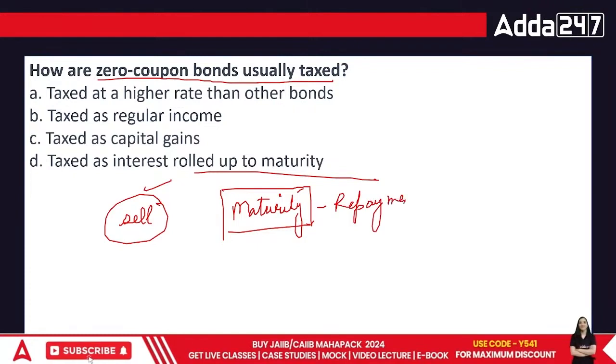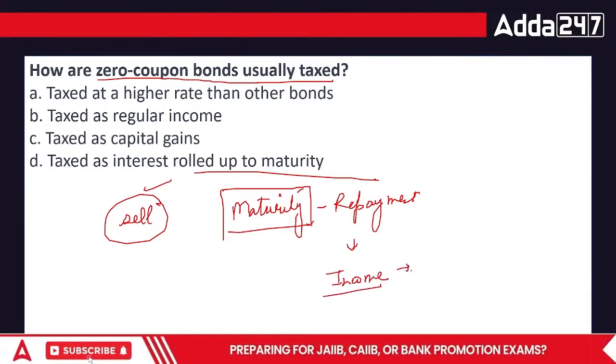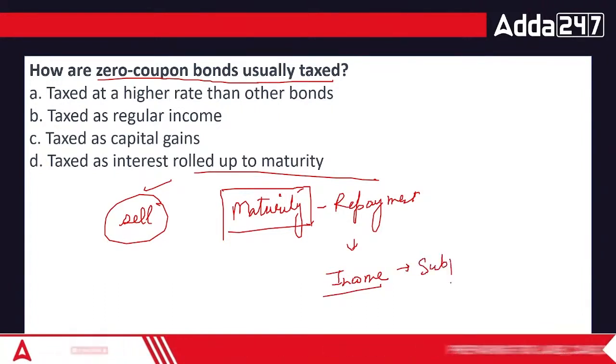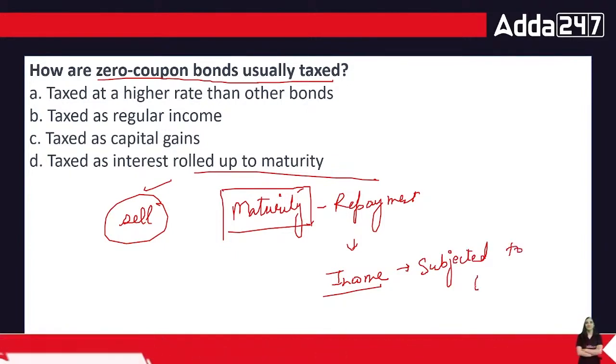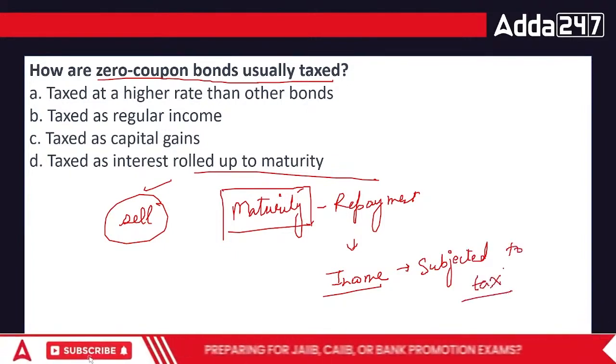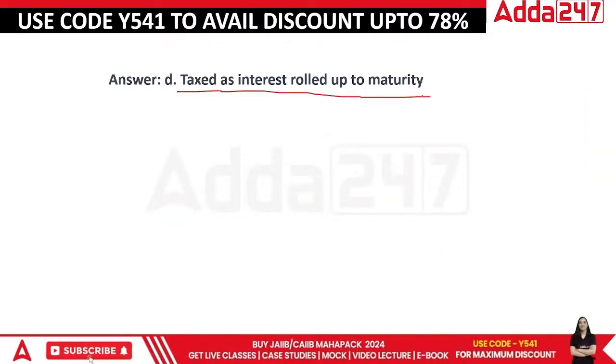This is where you receive income which is subjected to tax. Done. So in this case, the correct answer is taxed as interest rolled up to maturity.